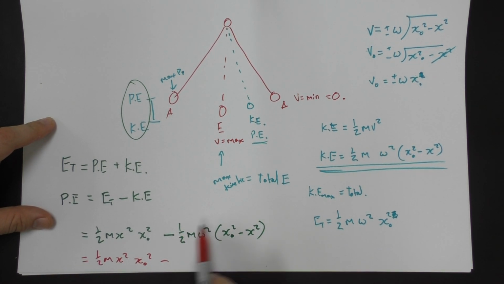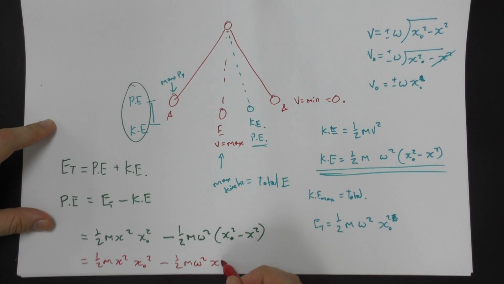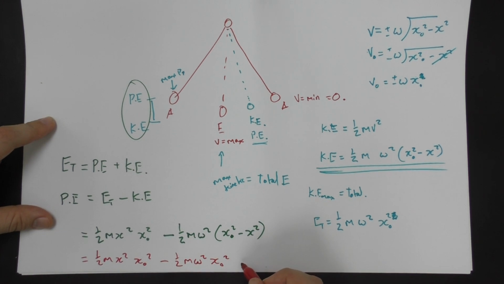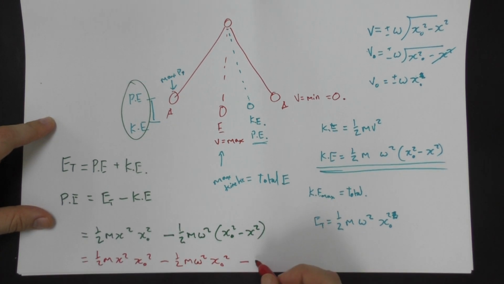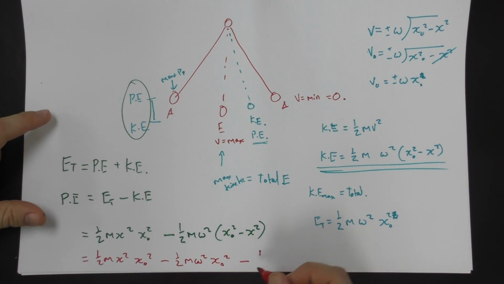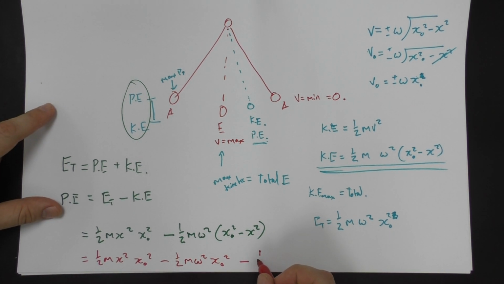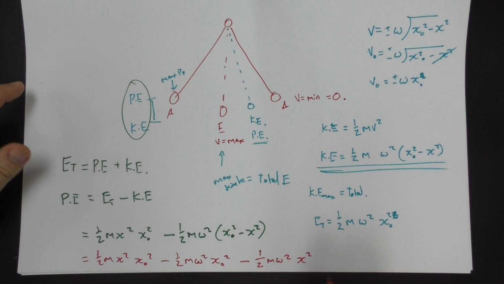Now what you'll notice is that we can expand this and see what's going on here. Half m omega squared x naught squared minus half m omega squared x squared.